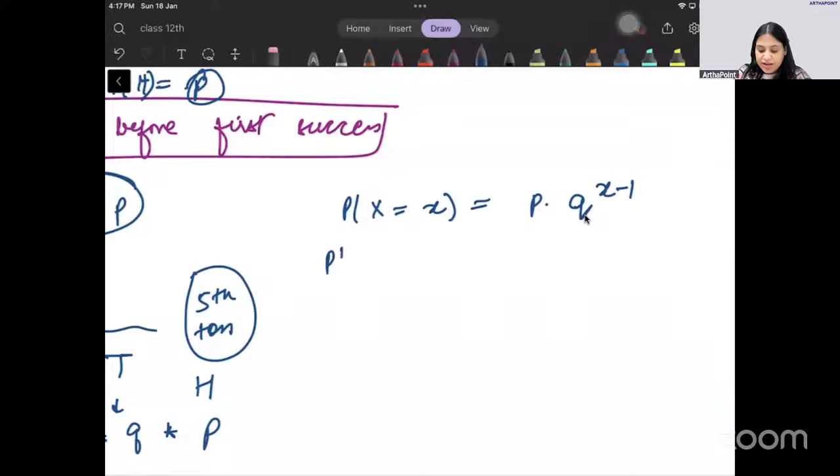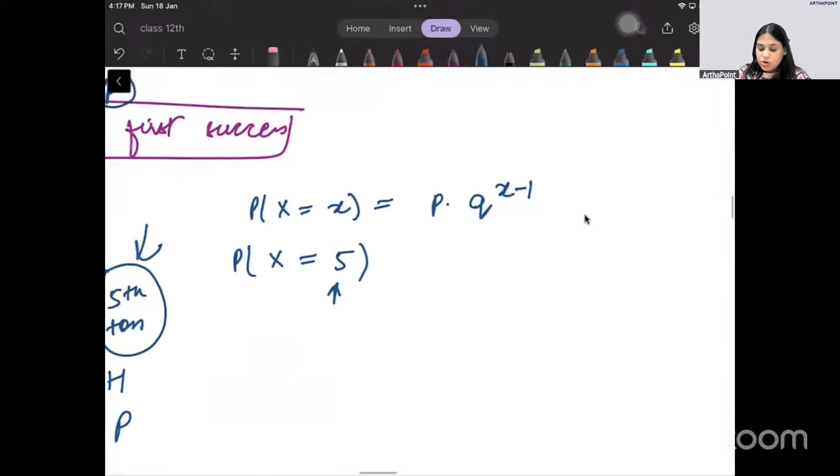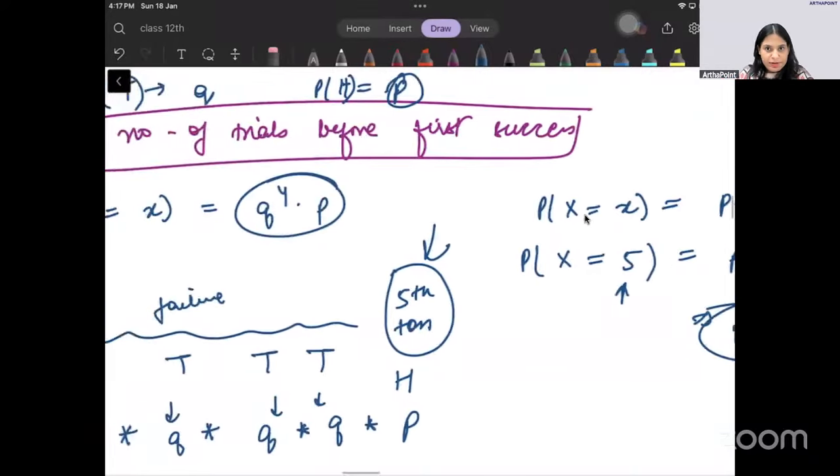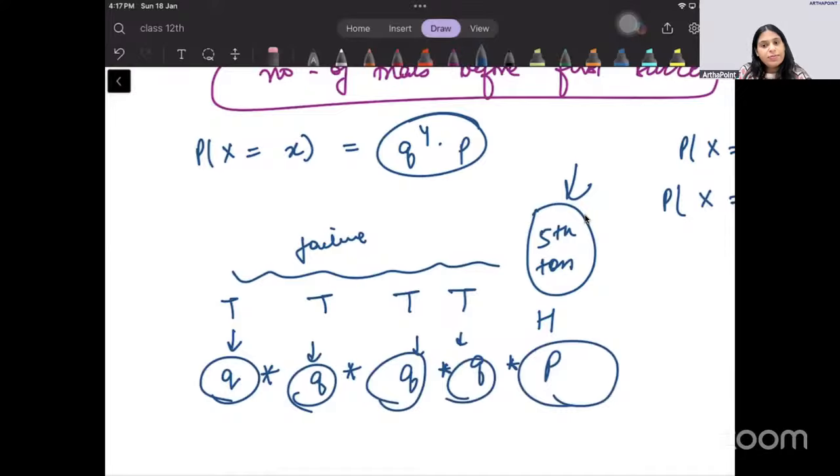So if I need a head in the 5th toss, I need my success in the 5th toss. So here I will have q to the power 5 minus 1 into p. So p into q to the power 4. That means the first 4 will be failure, so q, q, q, q and the last will be success, so it will be p.